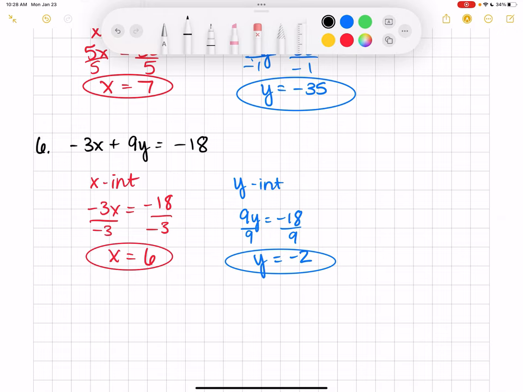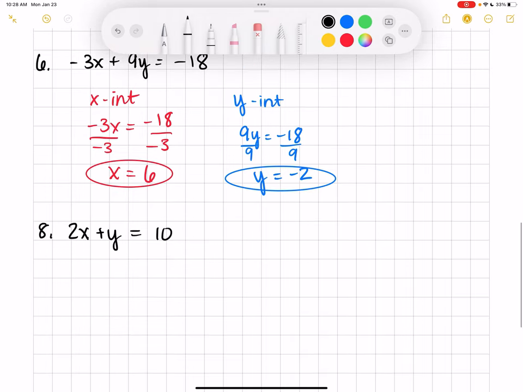Let's see. Number 8. 2x plus y is equal to 10. What do I need to write to solve for my x-intercept? What's my new equation to find it? Yep, 2x equals 10.